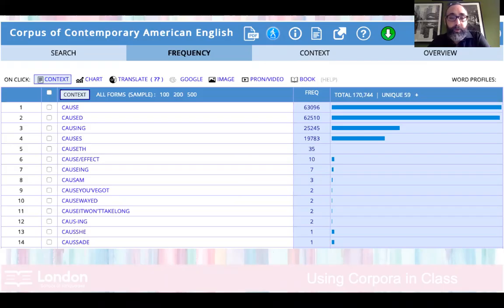Then, of course, you get other random examples like caused, maybe Old English, I guess, or these examples here, but they appear as one, so they might be typos, mistakes, and so on. This is what you need to look at. The frequency, as you see, the past participle or the past simple, of course, is by far the most common inflection of this word.